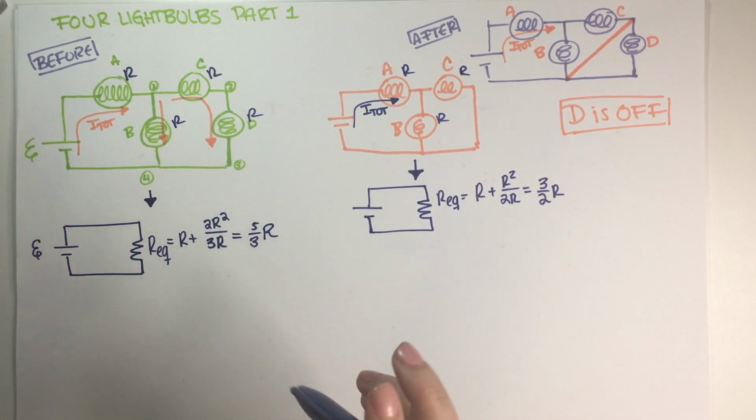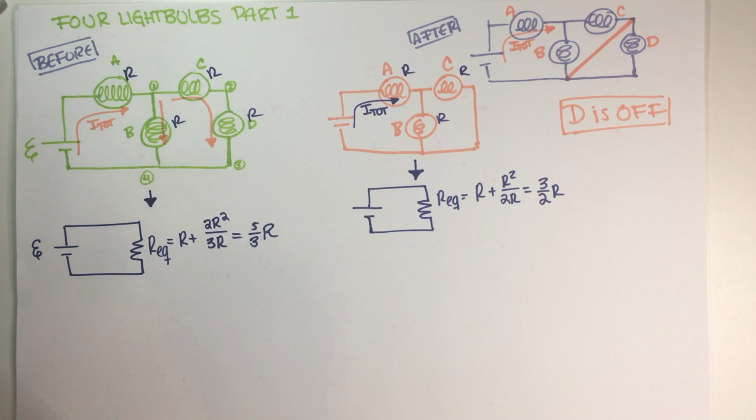So as we can see, did it go up or down? So let's see. 5/3 is 1.6, and 3/2 is 1.5.